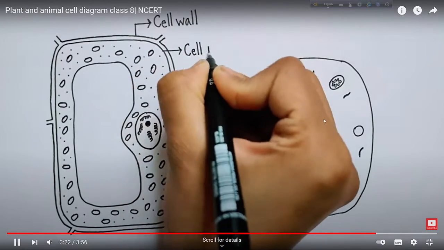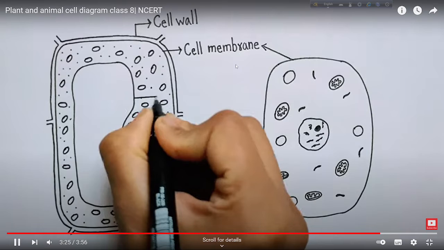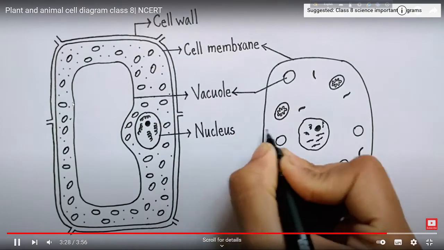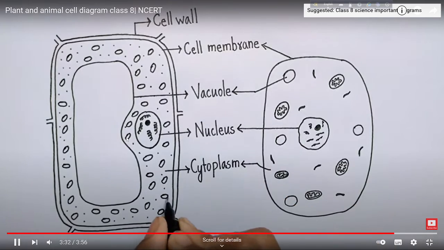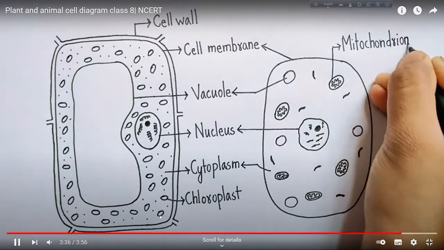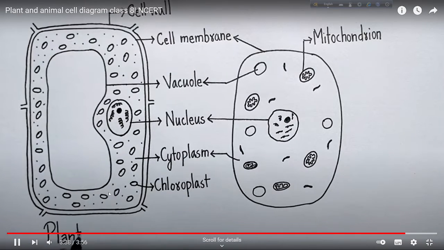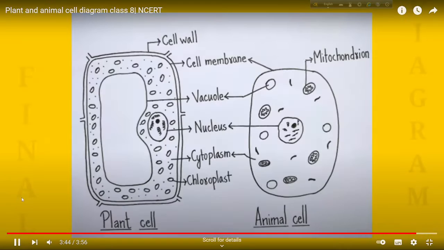But the similarities are this is the cell wall, this is the cell membrane, this is a large vacuole, and this is a small vacuole, and there are also nucleus and cytoplasm. But a plant cell consists of chloroplast, and an animal cell consists of centriole. These are all.